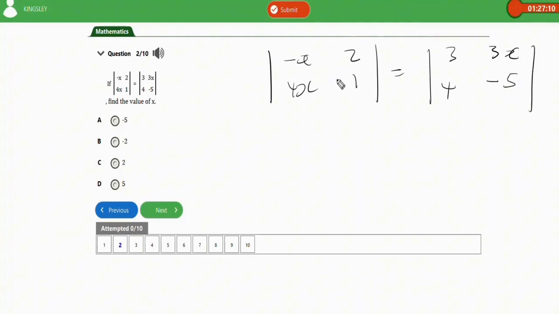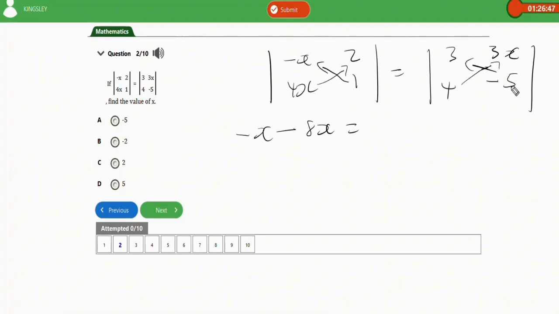Alright, so basically what we're going to do is, as usual, this will multiply this and this will multiply this, and subtract. So 1 times -x give you -x. Okay, minus 4x times 2 will give you 8x equals, we go again, this will times this and this will times this.